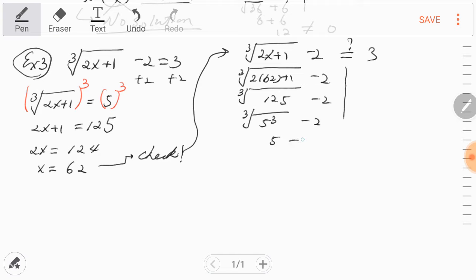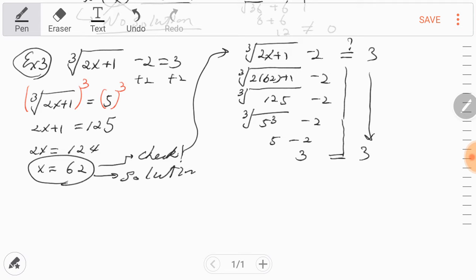So that is 5 minus 2, which is 3. And this is equal to 3. That is true. So yes, this is the solution. The solution is x equals 62.